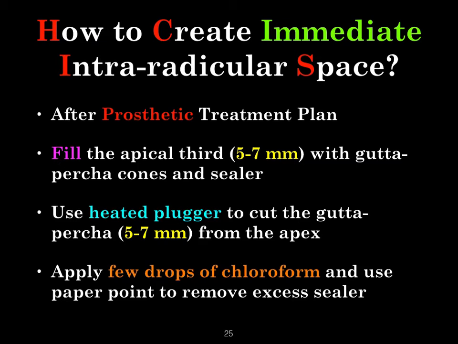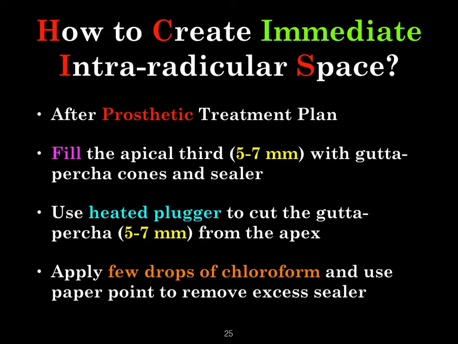So you need to have a prosthetic treatment plan based on what I mentioned earlier. Then the apical third of the root canal has to be filled with gutta percha and the sealer. Then the heated plugger is used to remove the extension of the accessory cones.